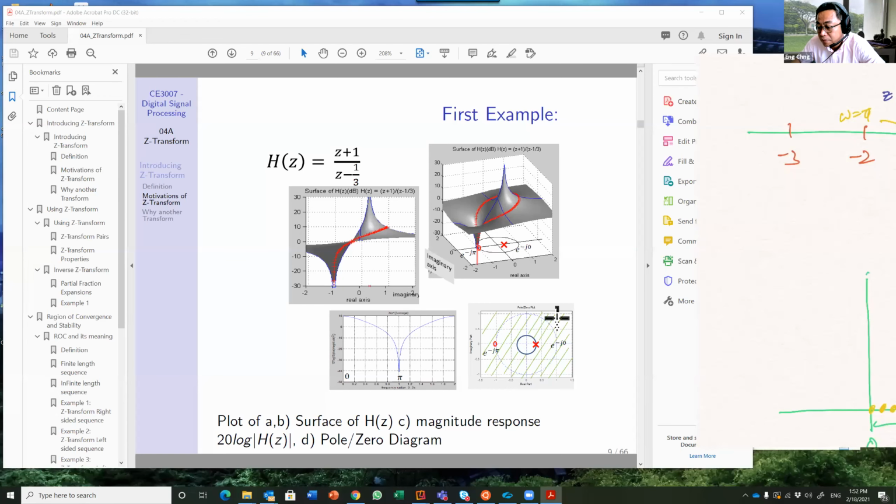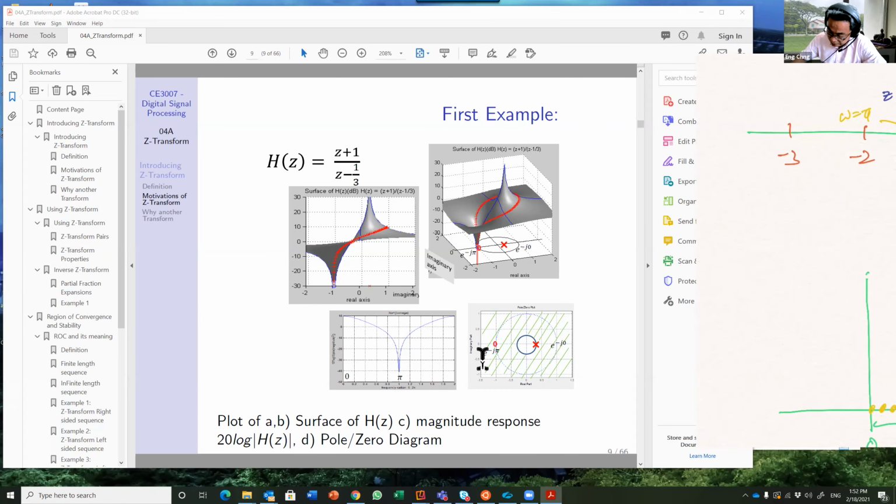Now, you realize that the pole and zeros are this diagram. And remember that you can actually draw a 3D diagram of this pole and zero. And as you're traveling along the unit circle along this line, you are also traveling along this horizontal line here. Okay? And what does that mean?